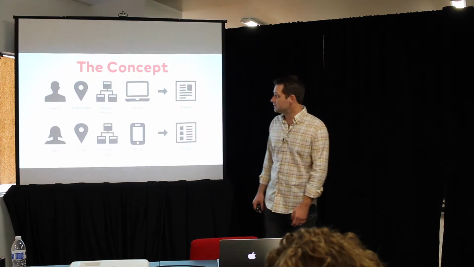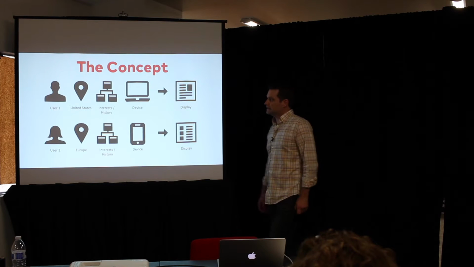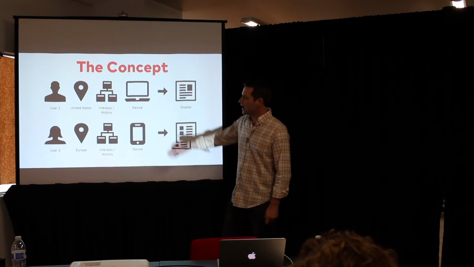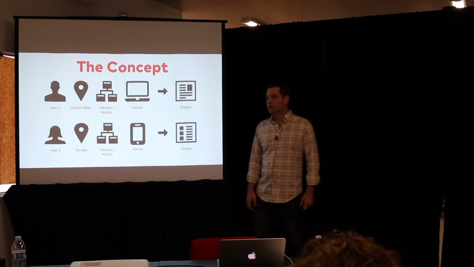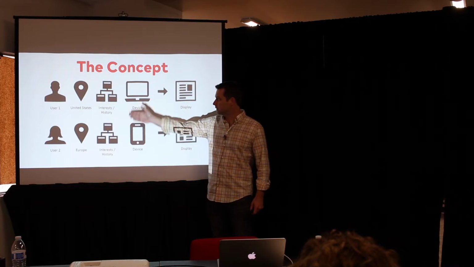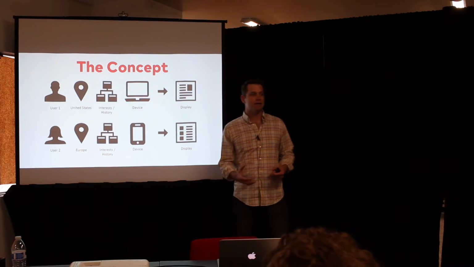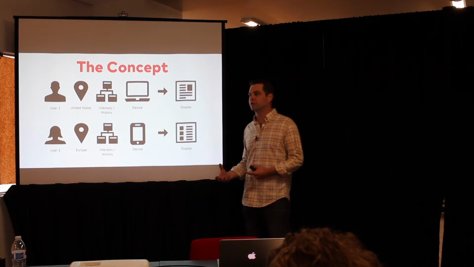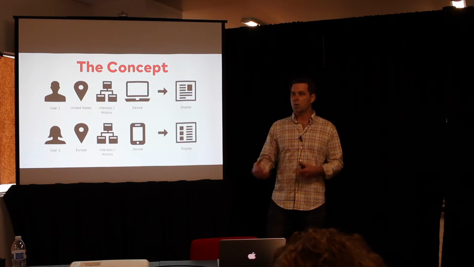The basic concept, for those of you who aren't as familiar, is that you have two different types of users, user A and user B. Perhaps one user is located in the United States and another in Europe. Perhaps their interests on the website are different, and maybe they're using different devices. You gather information on these users as quickly as you can, and then you serve different information that is personalized to their individual wants and needs.